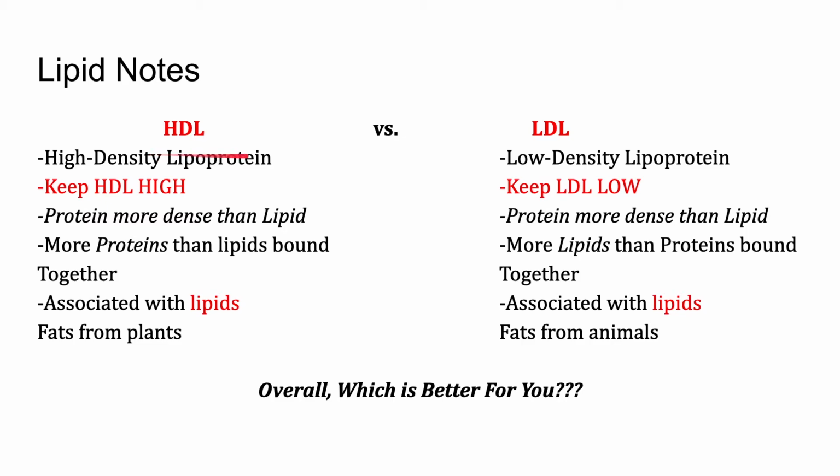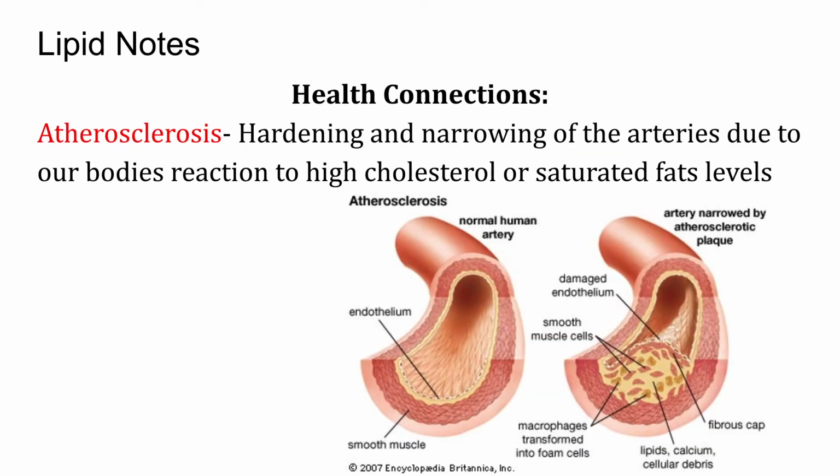Because it's high density, it tends to move with the flow of your blood a lot better. And these types of lipoproteins are generally associated with the fats from plants. And so this is, again, another tout for why plants in your diet are an absolute necessity.